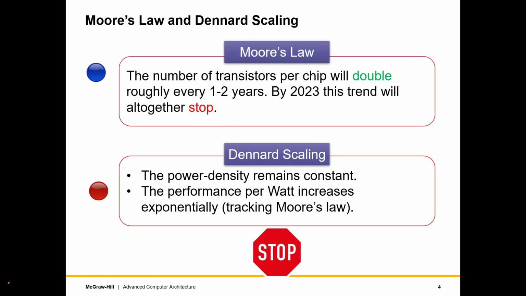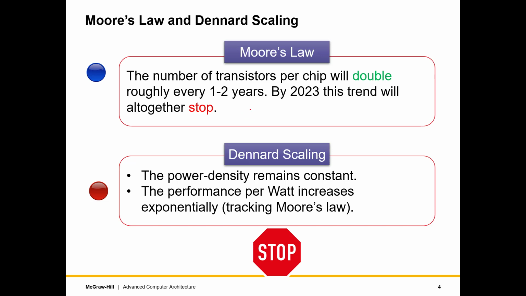There have been two laws in computer architecture, which are essentially empirical observations that have continued to hold, and which are very important. The first, as we just discussed, is Moore's law. It says that the number of transistors per chip will double roughly every 1 to 2 years. It has more or less held up till now, but now it's expected to come to an abrupt stop.